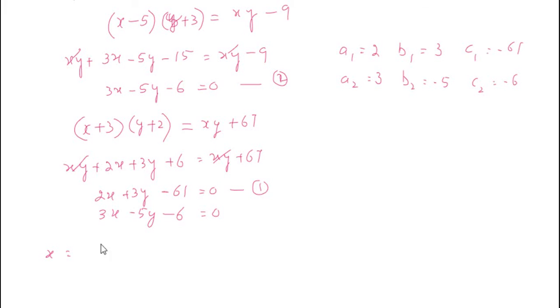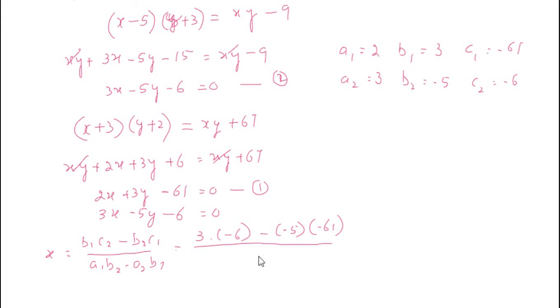x equal to b1 c2 minus b2 c1 divided by a1 b2 minus a2 b1. b1 is equal to 3, c2 equal to minus 6, minus b2 is minus 5, b2 into c1 is minus 61, divided by a1 b2. a1 is 2, b2 is minus 5, minus a2 is 3, a2 b1 is also 3.